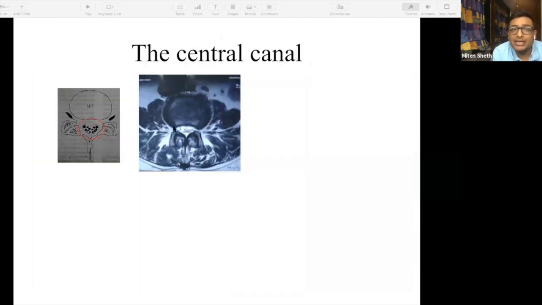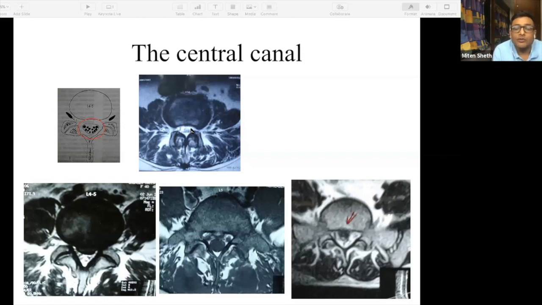You would want to see it in some axial cut which looks like this, where you have got your body, your spinous process, your one bun, and your second bun. That is the representative level at your facet joints. And this is where you see your central canal, if it is free or not. From here to here, this place is your central canal. So wherever you have central canal stenosis, you will see this.